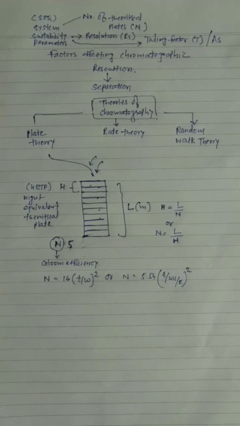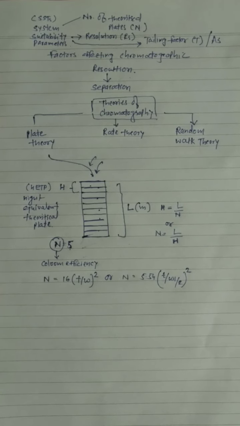So by these two equations, you can theoretically determine the number of theoretical plates based on the chromatogram that you observe. But in recent times, this parameter is given directly by the software processing.